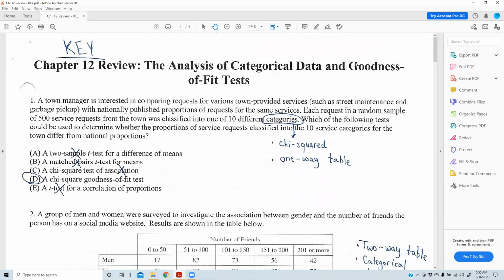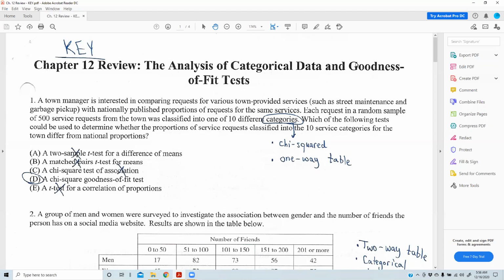Since we're dealing with categories, that should instantly tell you it's a chi-squared test. As soon as you see that they're broken down into categories, that should instantly tell you, oh, chi-squared.